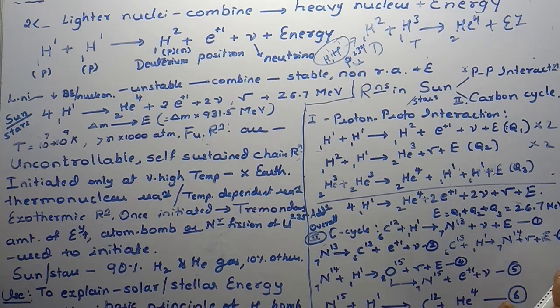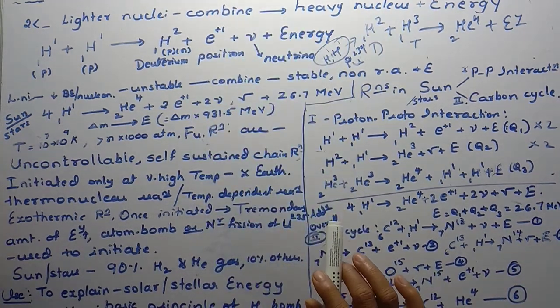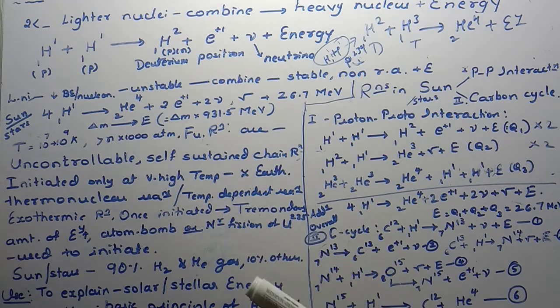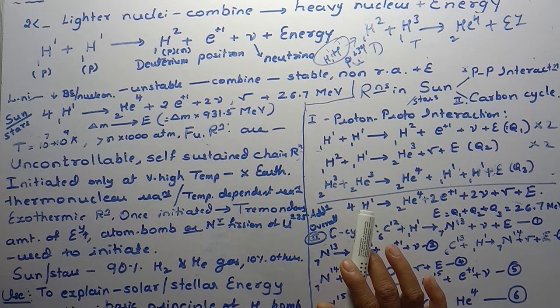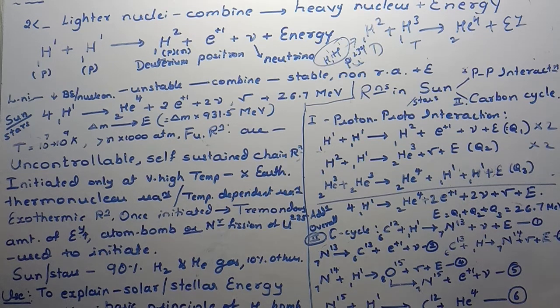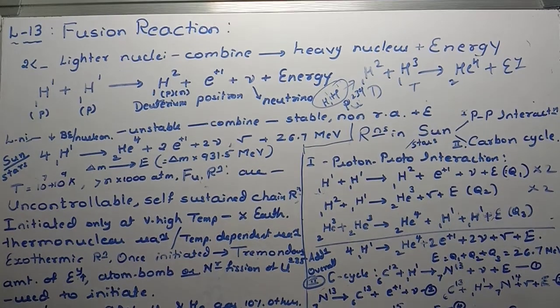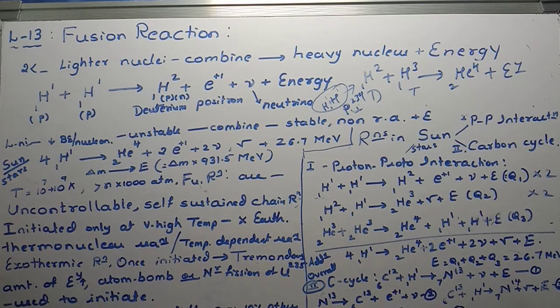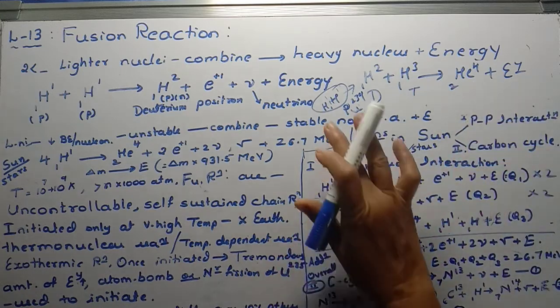The main purpose of studying this reaction is to know more about solar energy or stellar energy, which means energy from the stars, and to study the basic principles behind the hydrogen bomb. The atomic bomb is different: it involves only the nuclear fission reaction, whereas the hydrogen bomb requires fission to initiate, but further there is a fusion reaction, with liberation of a large amount of energy.